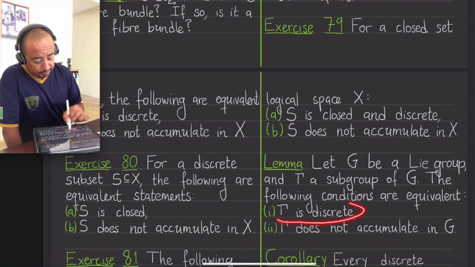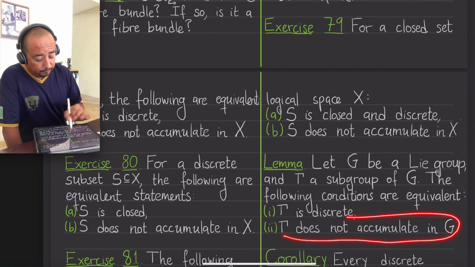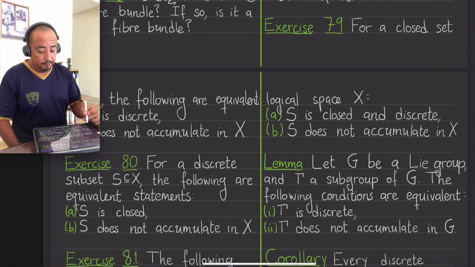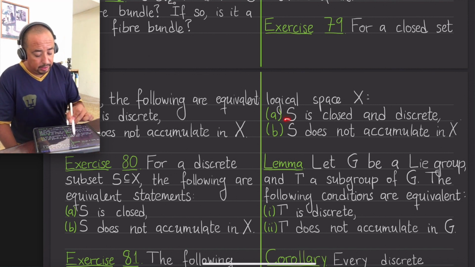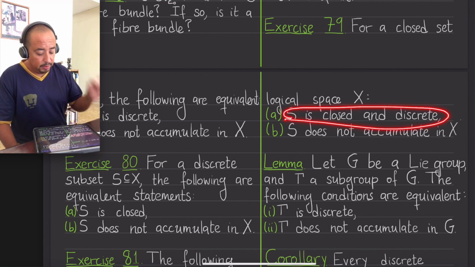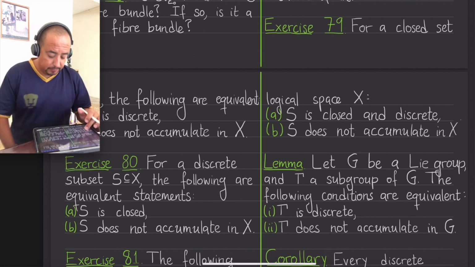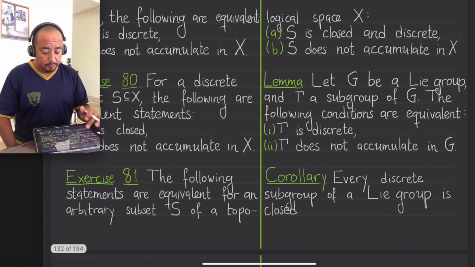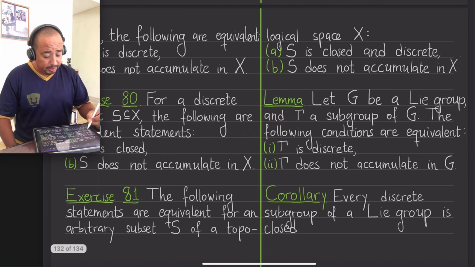The subgroup is discrete, and the subgroup does not accumulate, not only in itself, but in the whole space. Before proving the lemma, an obvious corollary: every discrete subgroup of a Lie group is closed.